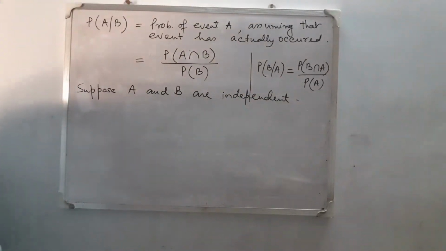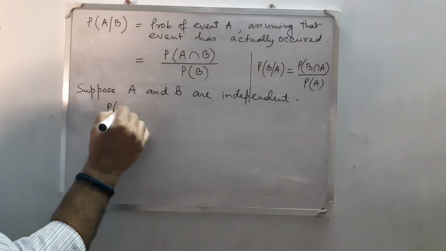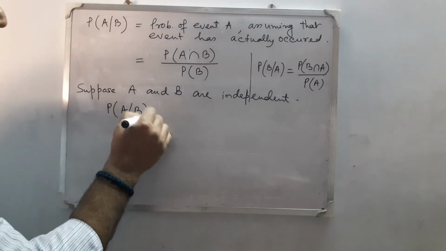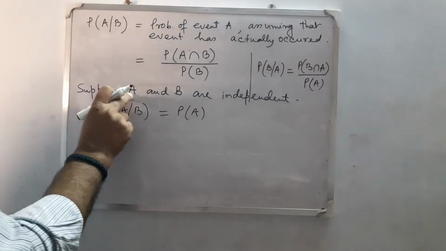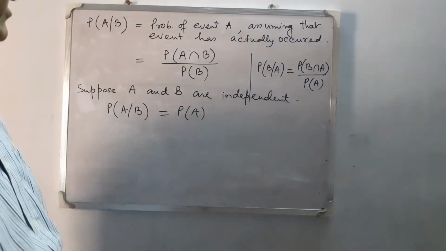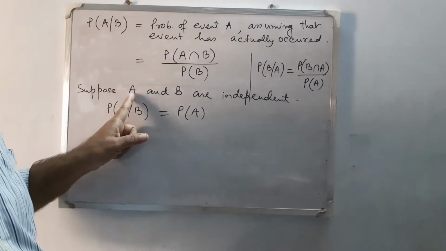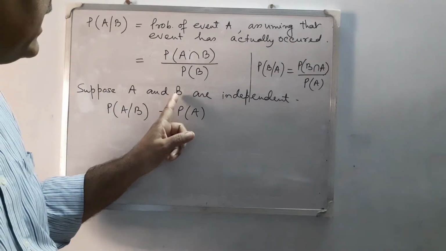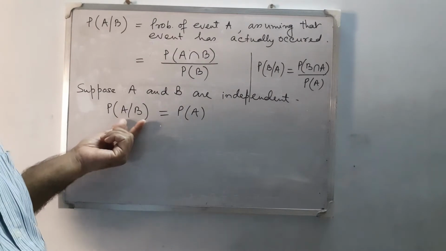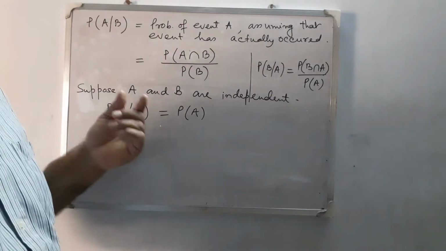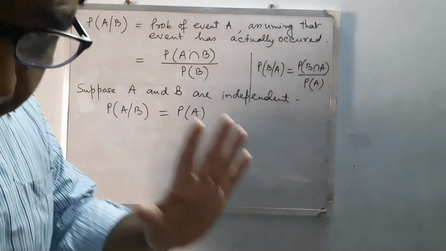Then in that case, P(A/B) should be P(A). Why? Because if the probability of occurrence of A is unaffected by the occurrence of event B, then in that case P(A/B) is nothing but P(A). There is no impact of B.